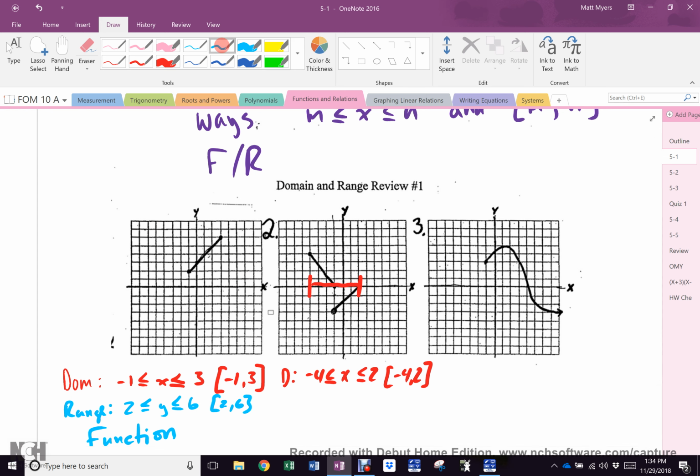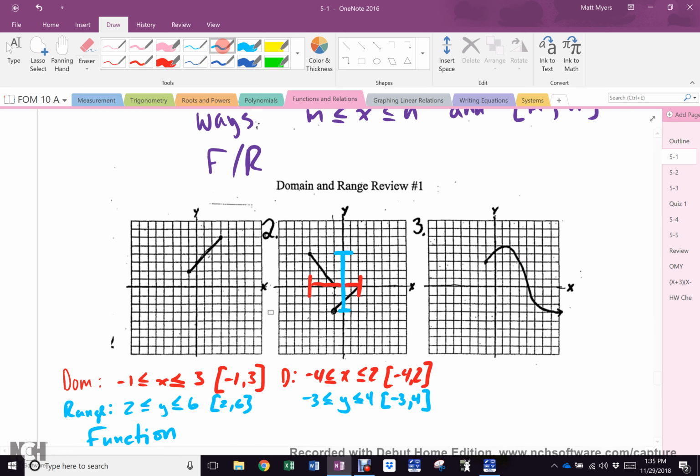Its domain is all this. Its range goes from here up to here, and then it starts again, so it's a solid line from -3 to 4. All these are going to be worth 2. Now, if you have all these numbers but you used a union, you're pretty darn close. Take off a half a mark.